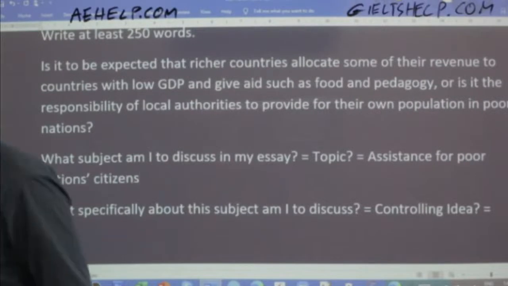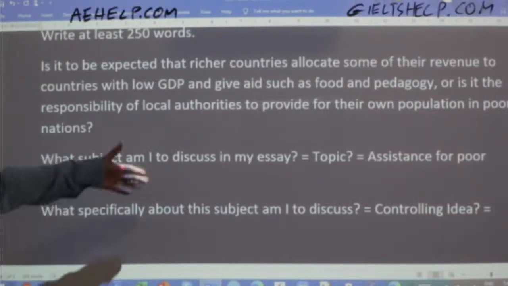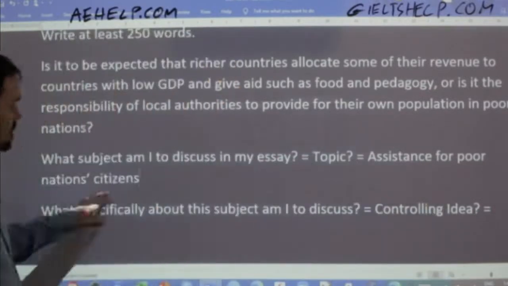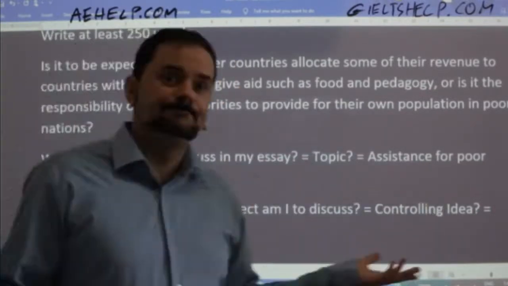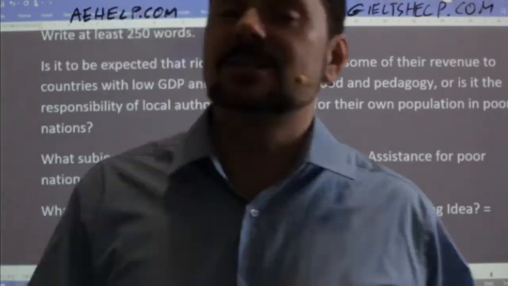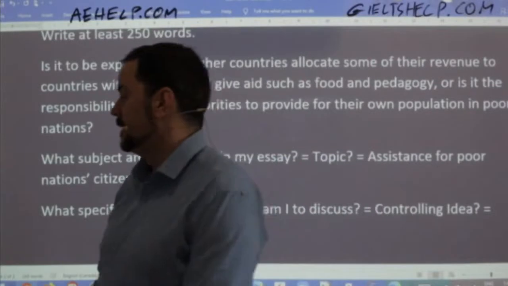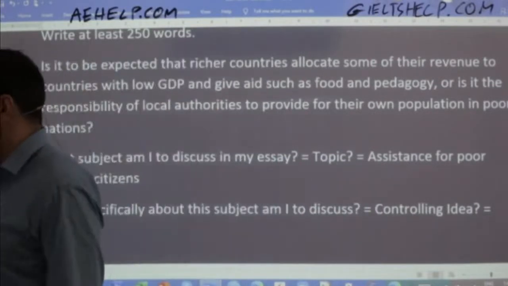Right? Everybody agrees that that's basically what we're talking about, is assistance for poor nations' citizens. What subject am I to discuss? Aid or assistance or help for poor nations' citizens. Okay.